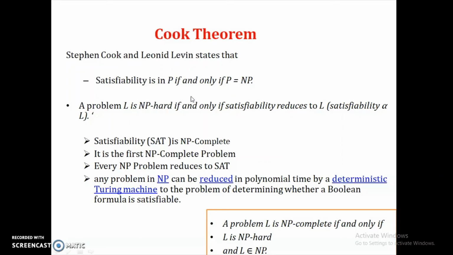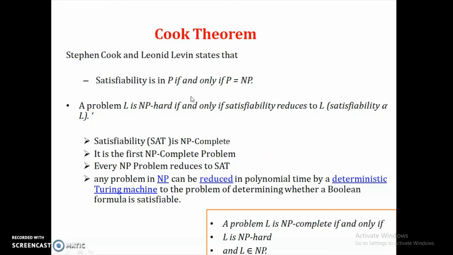Also Cook states that a problem is NP hard if and only if all the problems can be reduced to the satisfiability problem, or you can say the satisfiability problem is the base problem. Using this problem, if you can reduce all the other problems, then that problem is known as an NP hard problem. And we can also prove SAT is an NP complete problem.